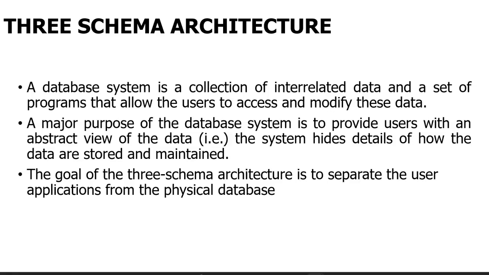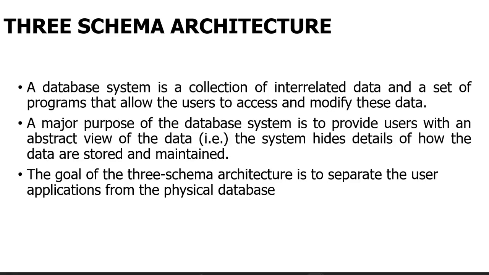And why do we go for this three schema architecture, when we have a separate architecture for DBMS itself? It is to provide the user an abstract view of the data, to view the data, I mean your database, without knowing in detail how the data is stored, how we are maintaining the database, how we are inserting, how we are modifying.